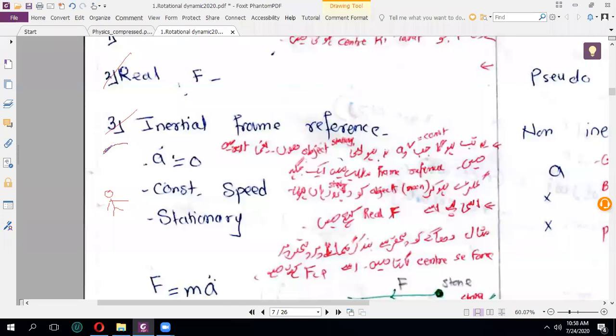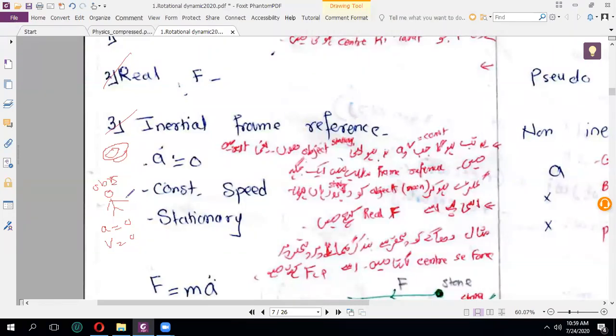In this case, we are studying the object from a particular position. Suppose this is my observer. The observer is always away from the object's motion. For example, if the motion is happening here, the observer is always at a different place. And the observer's acceleration is always 0, their velocity is 0. That means the observer is always stationary. Because if you are standing somewhere and not moving, you can easily calculate other motion.